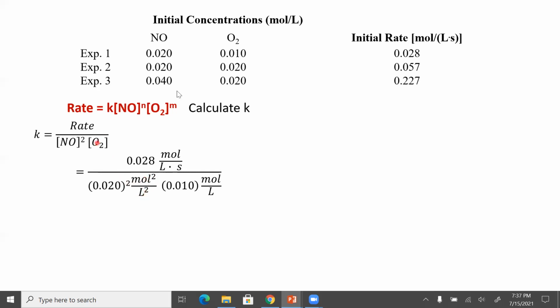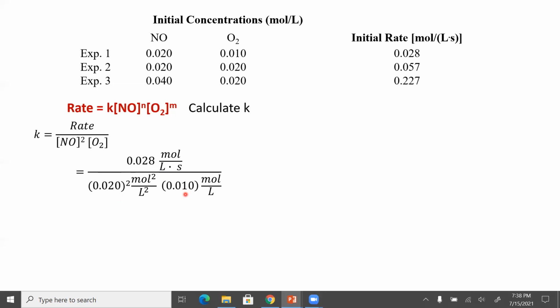And for my oxygen, I'm going to plug in 0.010. It's to the first power, so I'm just raising it to the 1, and moles per liter are going to be my units. Now, math-wise, 0.028 divided by 0.020 squared divided by 0.01 will give me my number.